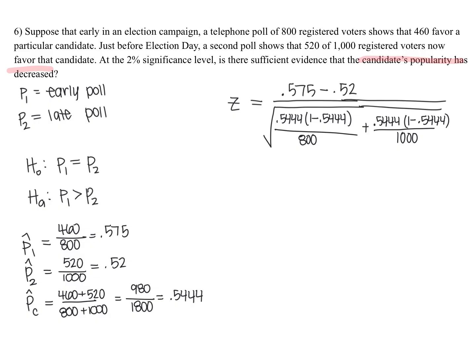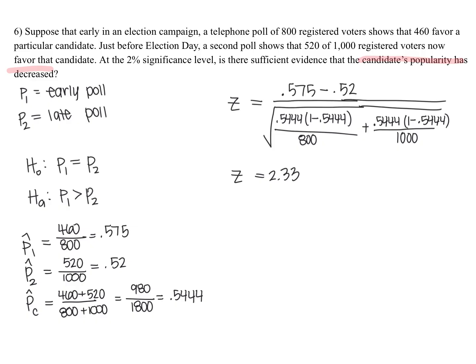The hardest part about a difference in proportions is plugging this formula into your calculator because you don't want to mess up your denominator. So if you don't know how to do the fraction button in your calculator, and you can't ever get your parentheses correct, please let me know and I will help you with putting this into a calculator so your parentheses are correct. So then we get Z equals 2.33.